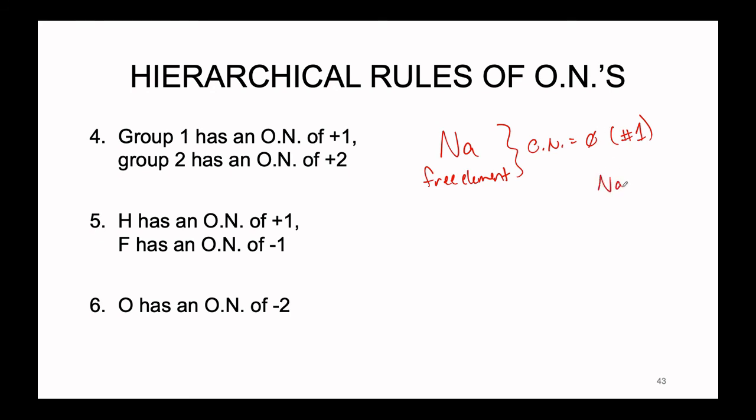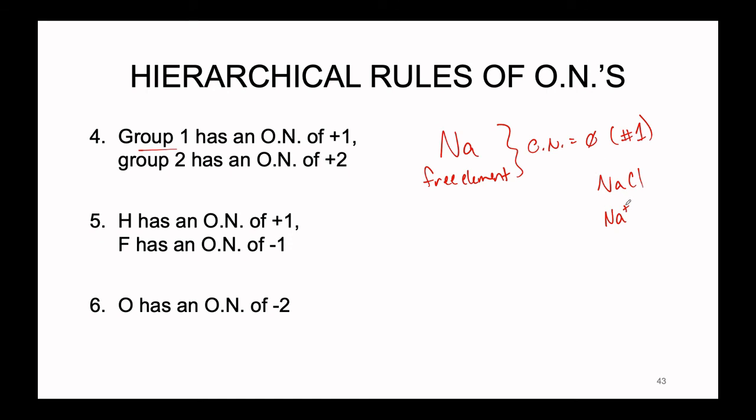So in sodium chloride, this sodium is an ionic species. Now there's going to be some type of charge distribution between the sodium and the chlorine. Rule number 4 is based off of ionic observations. For instance, sodium nearly always has a +1 charge when it's bonded to things. Therefore, a group 1 ionic element is going to have a +1 charge. So the sodium will have a +1 charge observationally according to rule number 4.